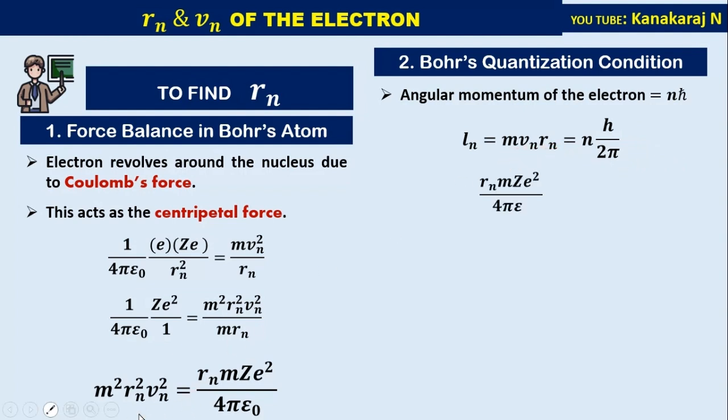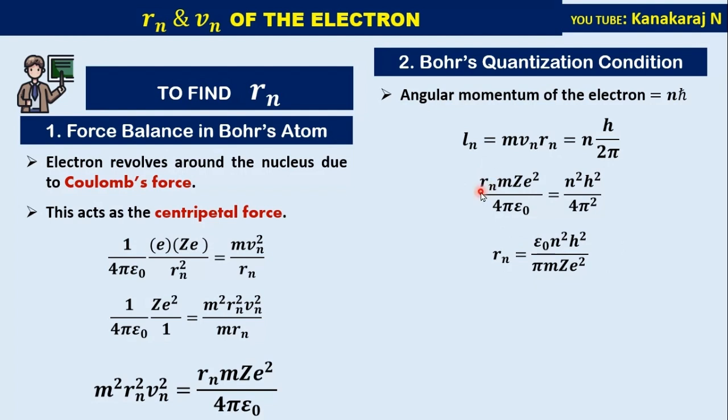We bring that here. So, Rn m Z e squared divided by 4 pi epsilon naught equals the square of the right hand side, which is n squared h squared divided by 4 pi squared. From this we found Rn equals epsilon naught n squared h squared divided by pi m Z e squared. The Rn we need to find.